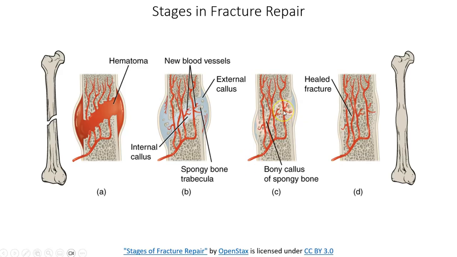This is going to be endochondral ossification again. So we talked about that in the last video. So we're building off of that hyaline cartilage template and slowly replacing that cartilage as those chondrocytes slowly die off, as they get sealed off from nutrients and stuff like that. And so as that bone growth happens, then we really start to shrink that callus as we're filling in all of that matrix and stuff like that.